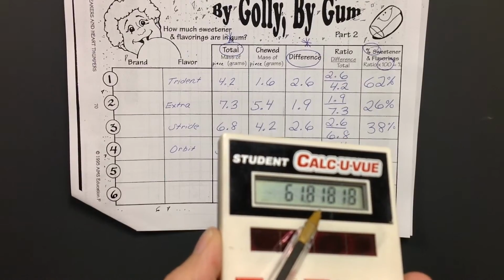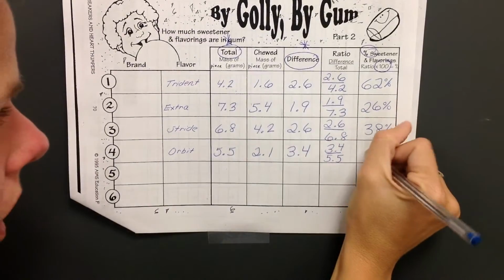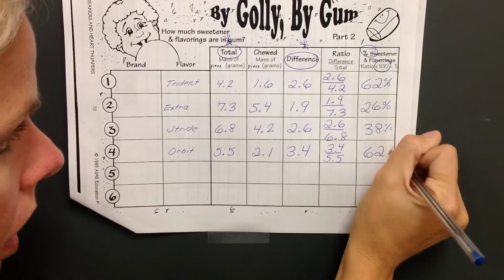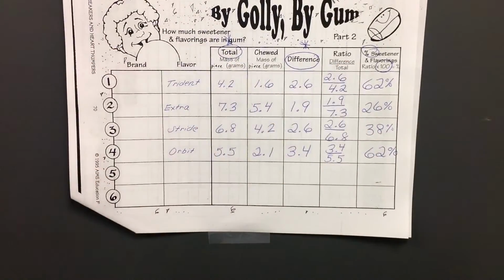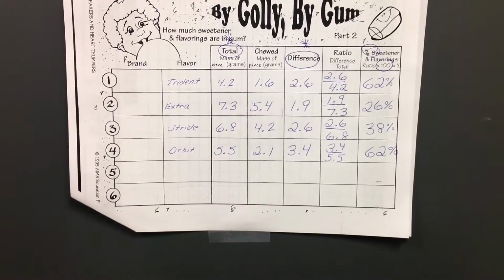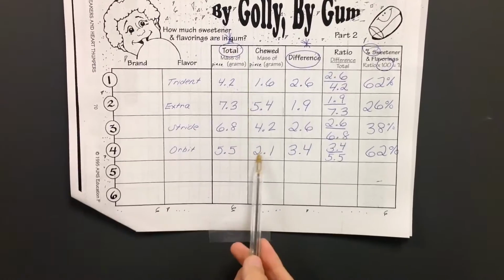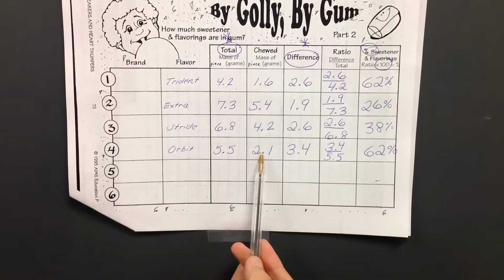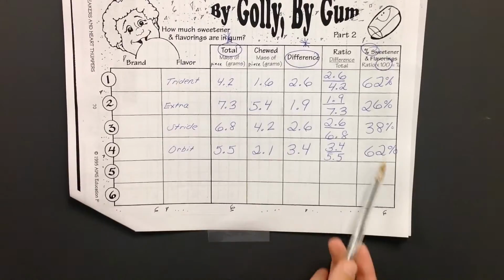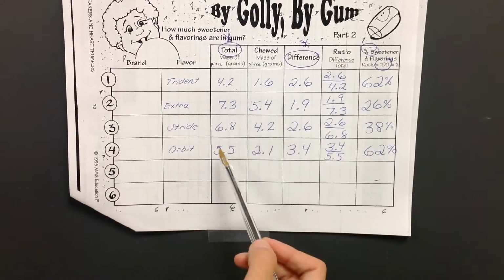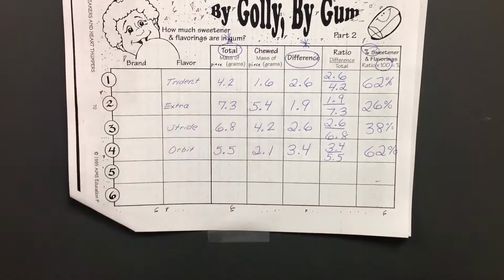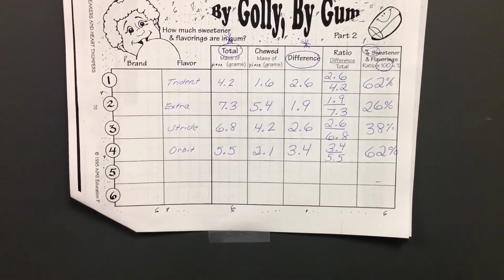So I'm going to round up to 62%. Okay, which that kind of makes sense because when you look at this, 2.1, if I double that, that's like 4.2, right? So it should be a little over half. This is more than half gone. So that does make sense.